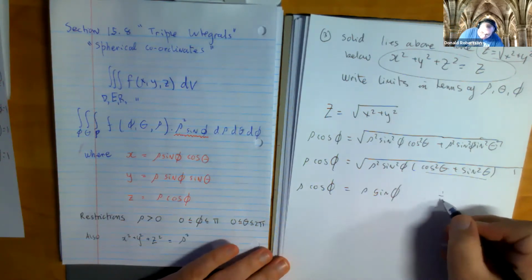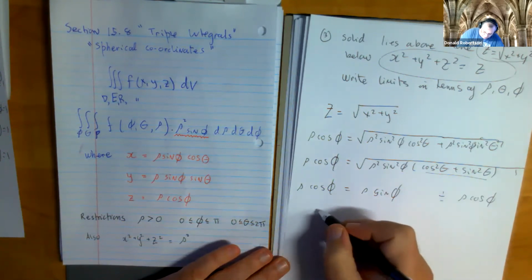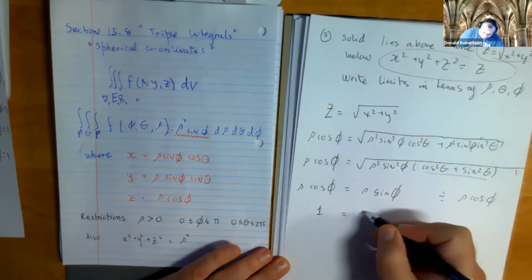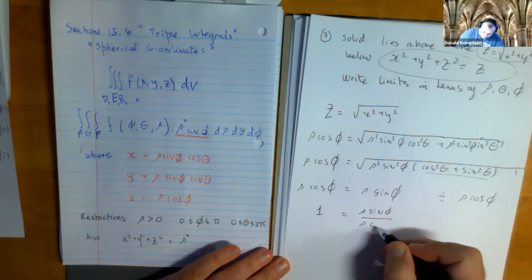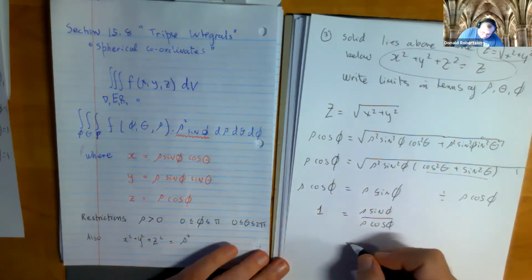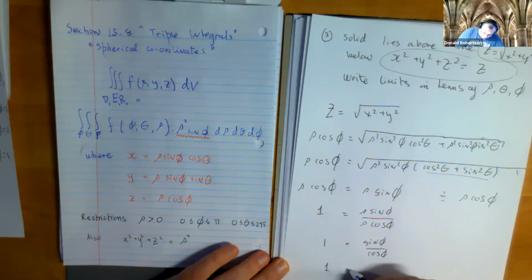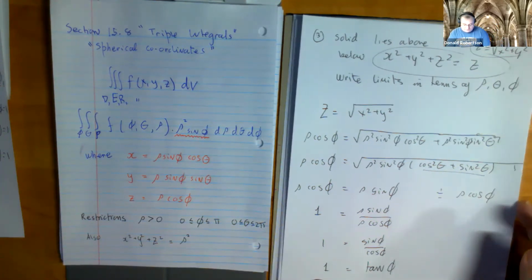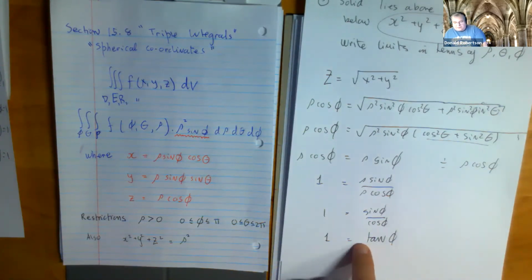And if I divide both sides by rho cosine phi, you get 1 is equal to that. But the rhos cancel, and you're left with that. I'm taking this slowly. Which means you are left with this. So the tan of phi is 1.